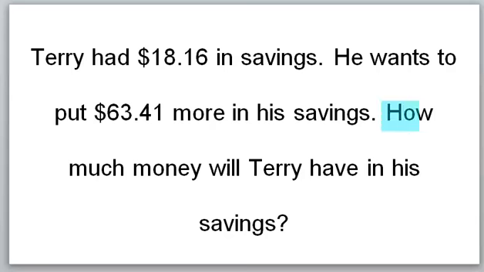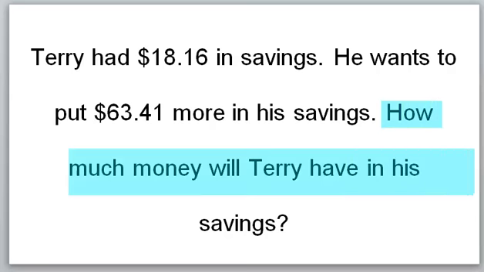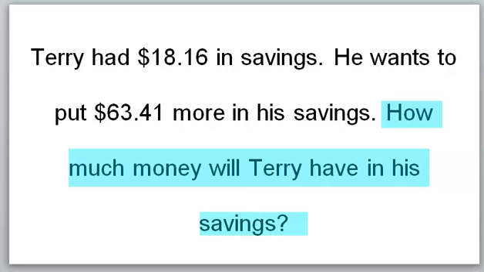So first thing, we're trying to figure out how much money Terry will have in his savings. So we want to know that total amount that Terry is going to be putting in that savings account. To begin with, we need to know how much Terry even has in his savings account. Terry has $18.16 already in savings.